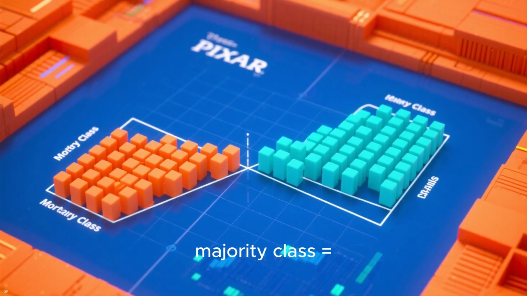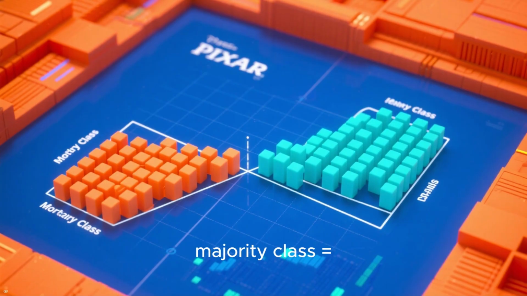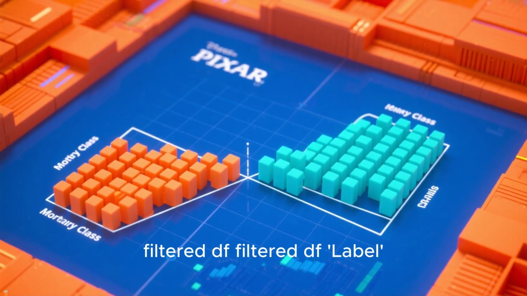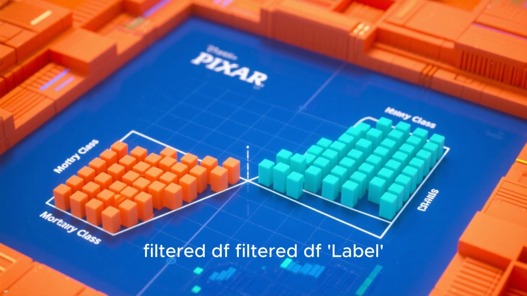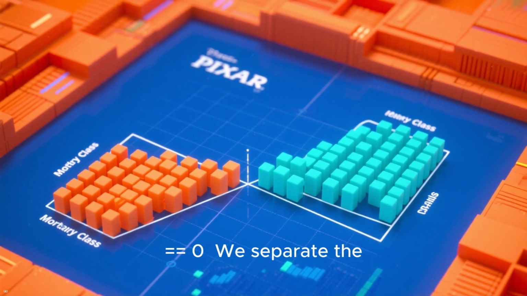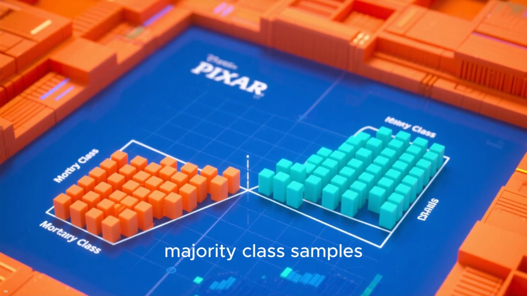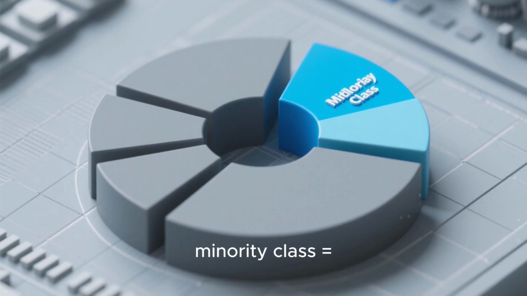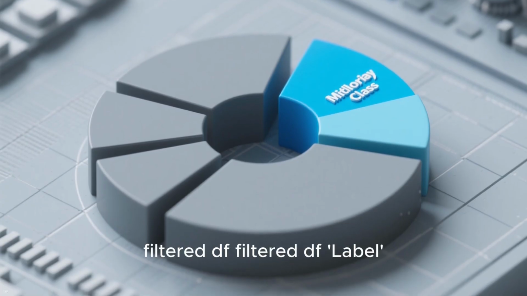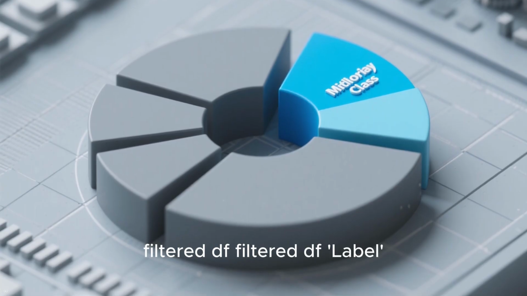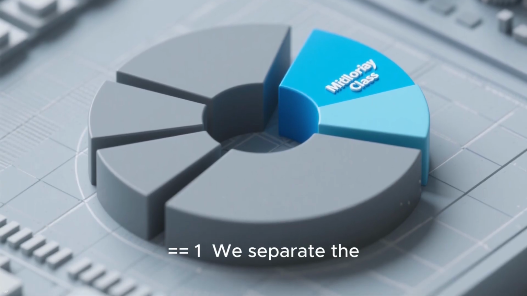majority_class = filtered_df[filtered_df['label'] == 0]. We separate the majority class samples. minority_class = filtered_df[filtered_df['label'] == 1].